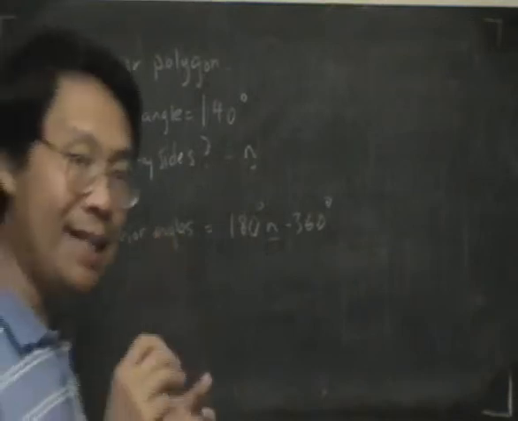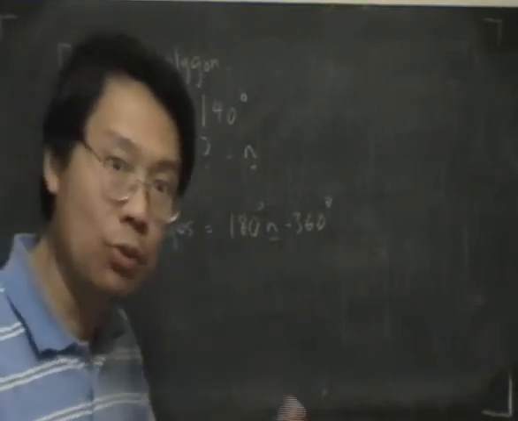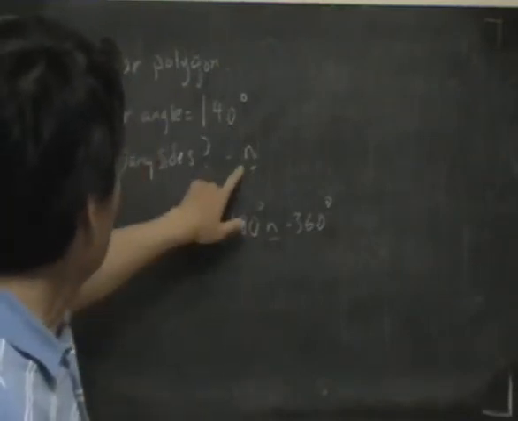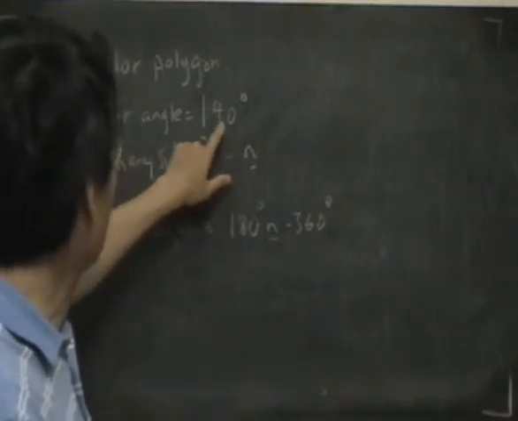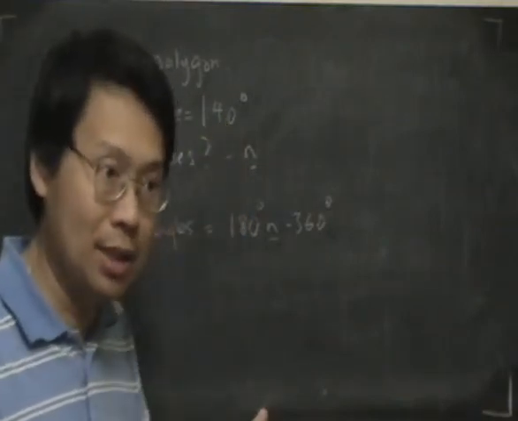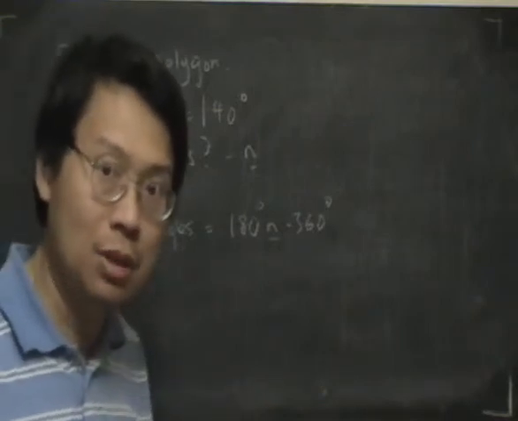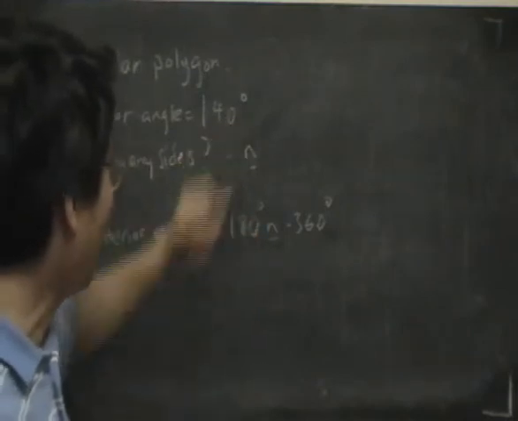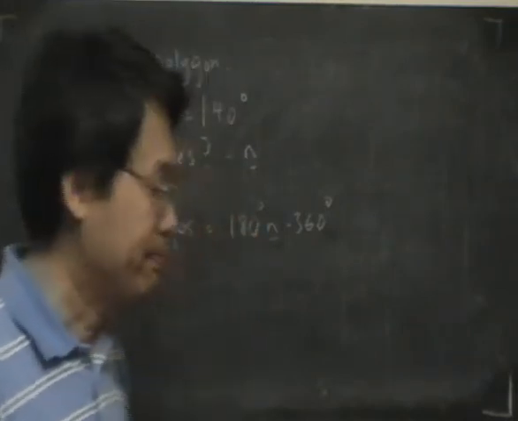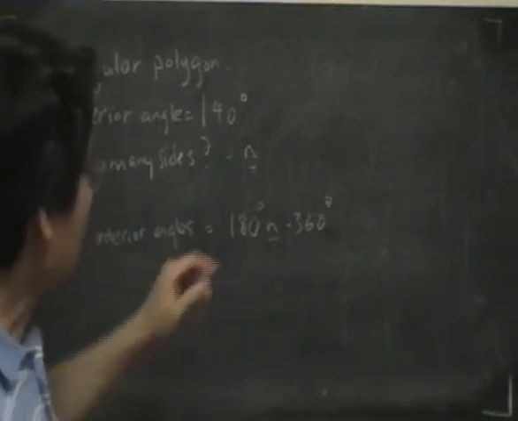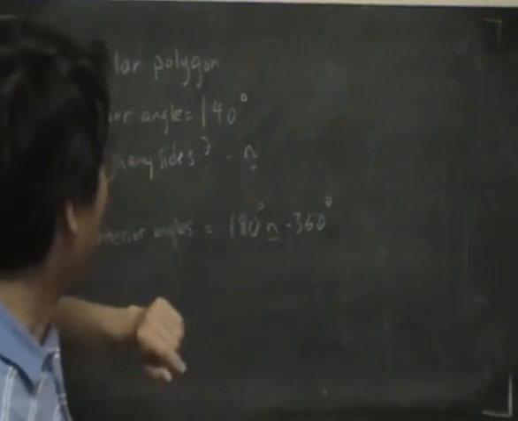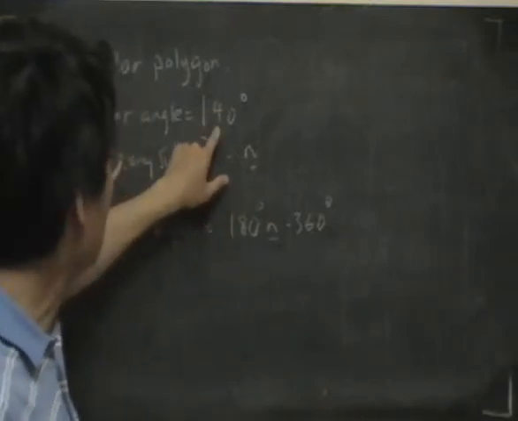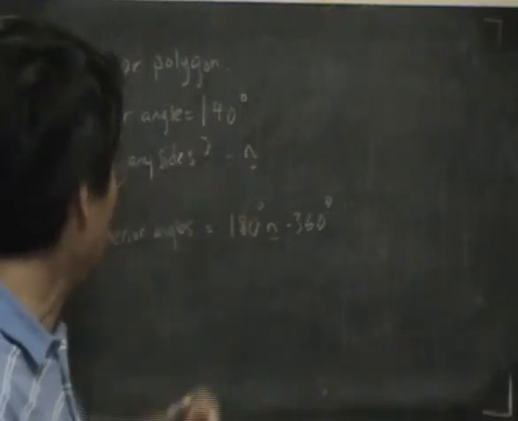So if there are n sides, that means n can be 3, 4, 5 or any of these numbers, then there also must be n of those interior angles. If you have 3 sides, you have 3 angles. If you have 10 sides, you have 10 angles. So if you have n sides, you have n angles. So in terms of n, the sum of the interior angles is 140 times n.